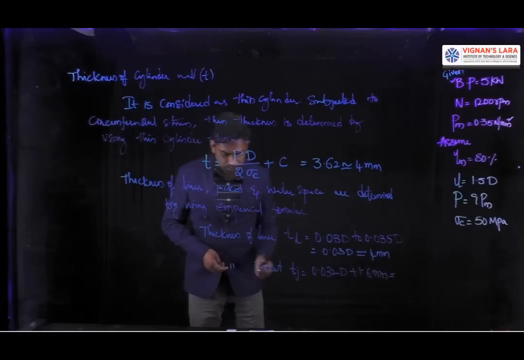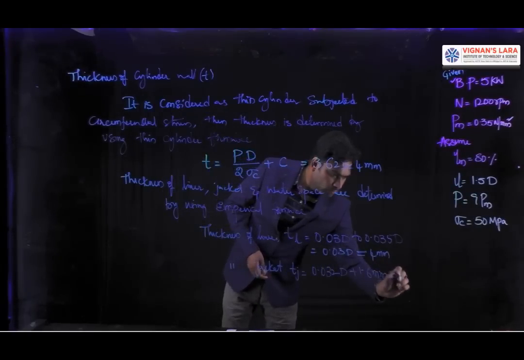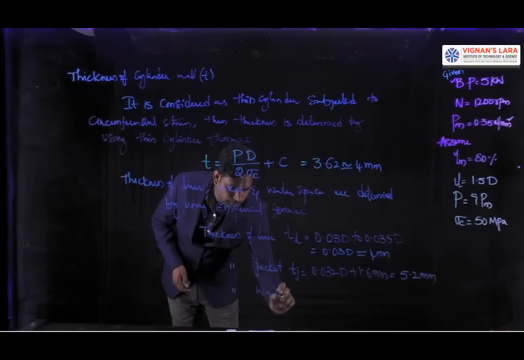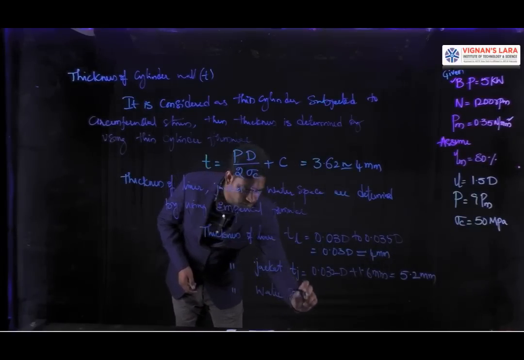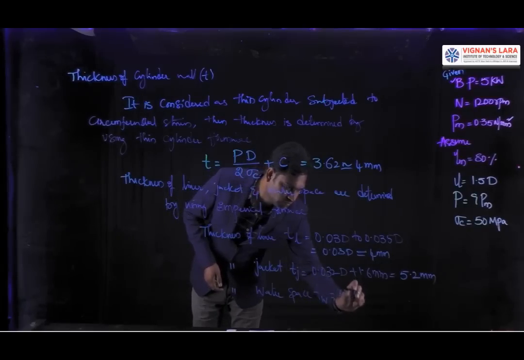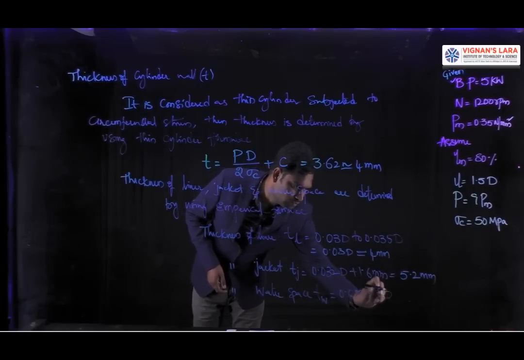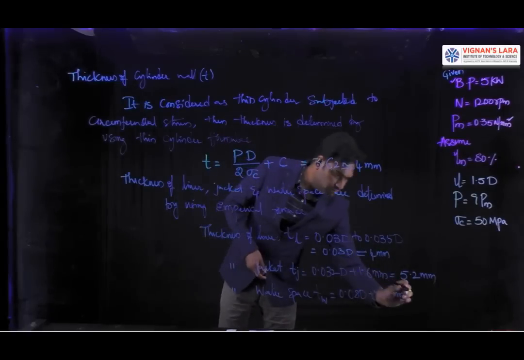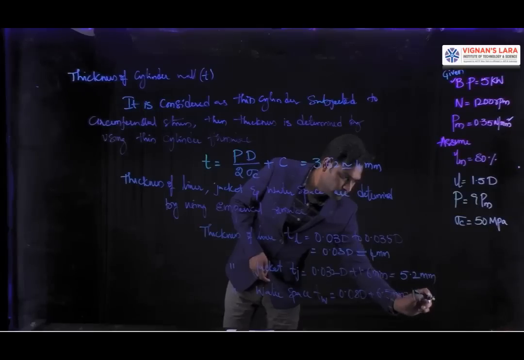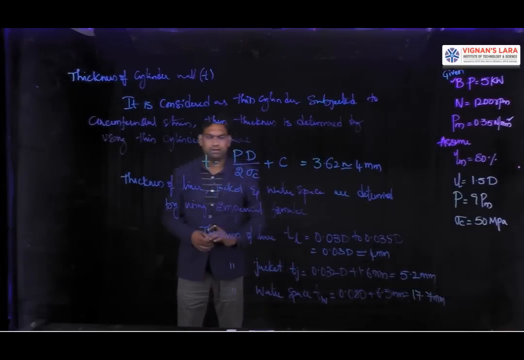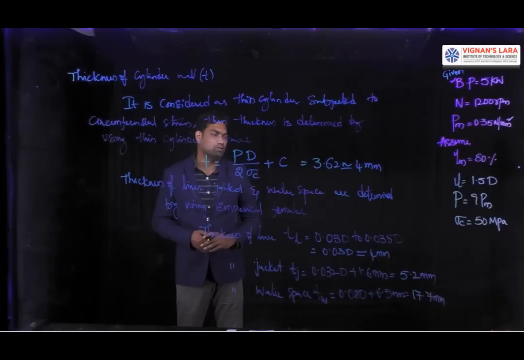So this value is given by 5.2 mm, and thickness of water space Tw is given by 0.08 D plus 6.5 mm, and this value is given by 17.7 mm. So this is the second step in the design process, that is we are going to calculate that.